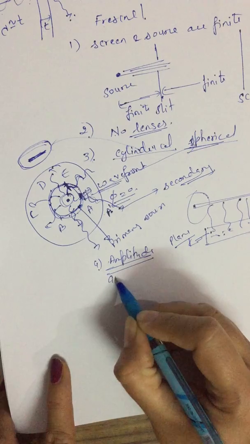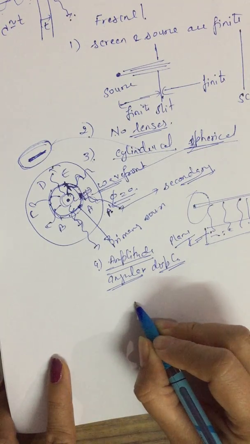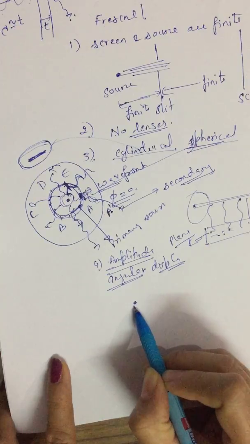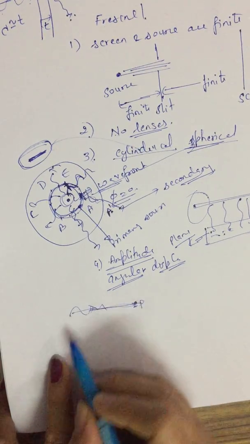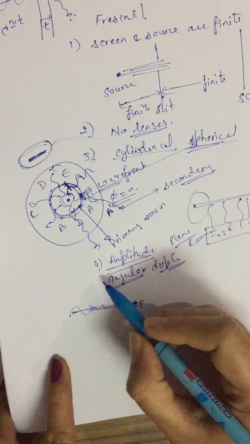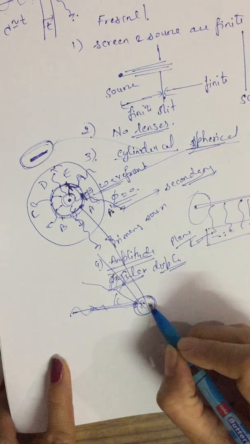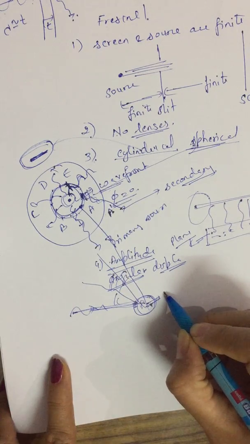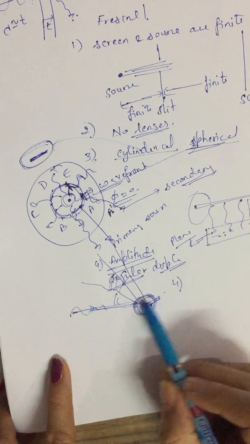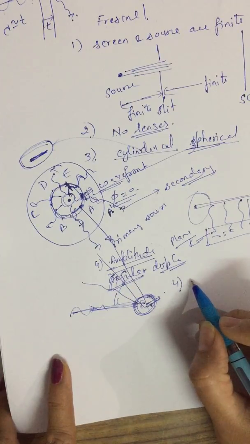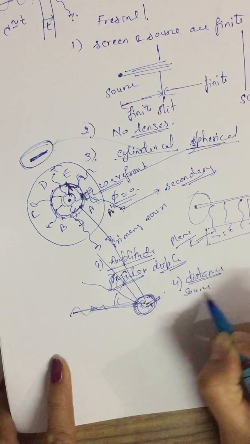Fourth point, the magnitude of the amplitude or the brightness of Fresnel diffraction does not depend upon angular displacements. It means if we are observing the effect of the diffraction at any point P, then whether the wave is coming perpendicular to P or within some angle, the angle will not affect the diffraction pattern obtained at the point P. The amplitude at point P of the diffraction pattern only depends upon the distance of the source from the screen.